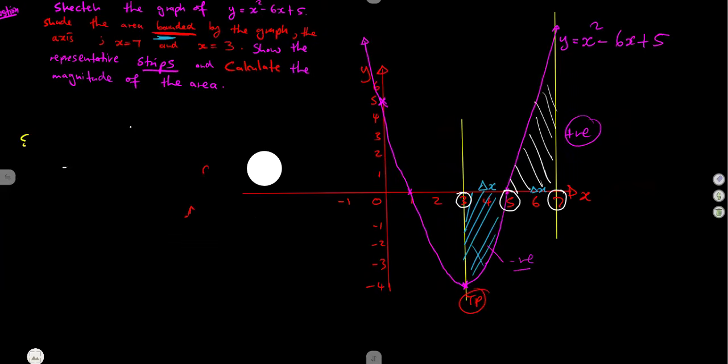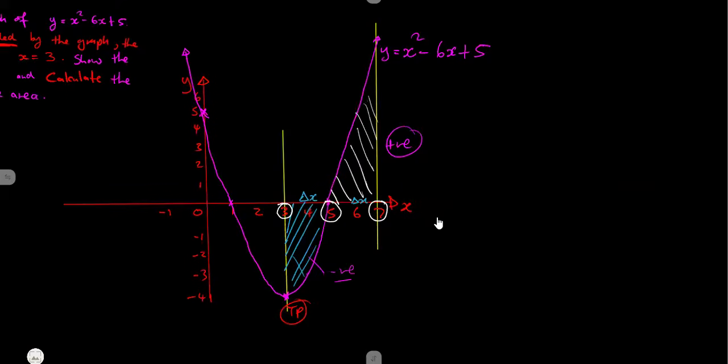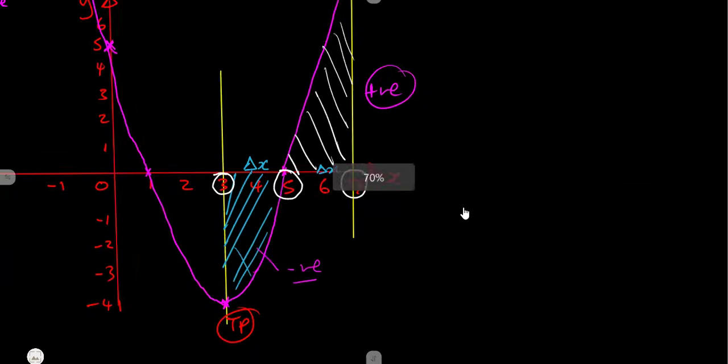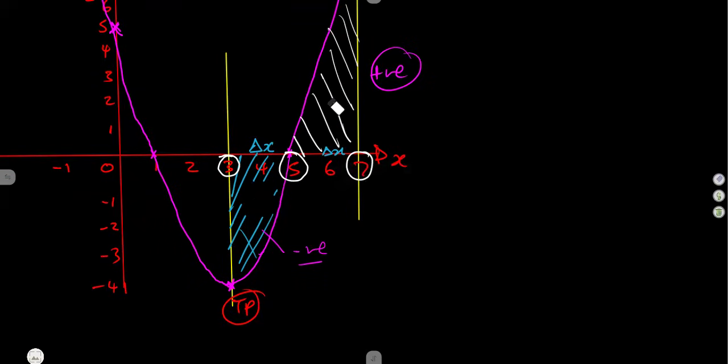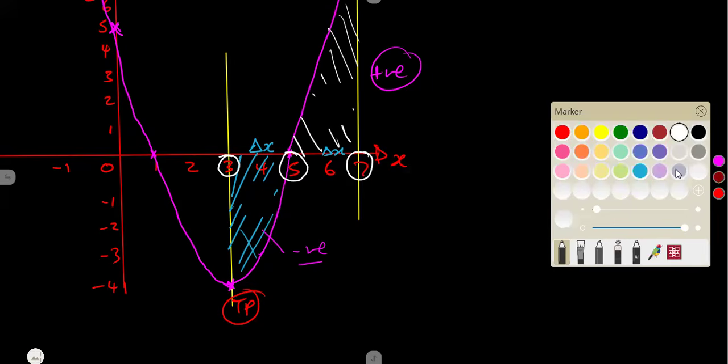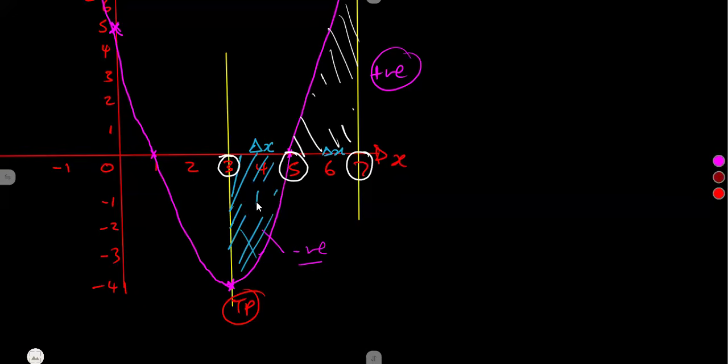All right, so as we have our question here, like I said, there are two of them. So we're going to call this area 1. This will be our area 1 and this will be our area 2. This one is representing our first area.